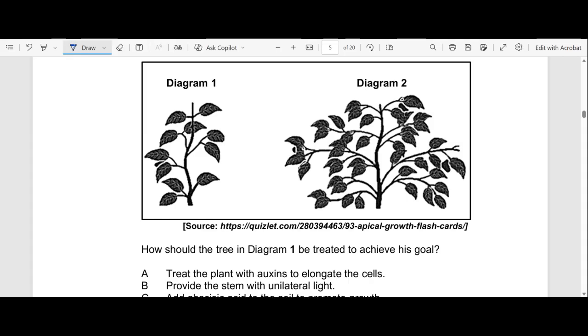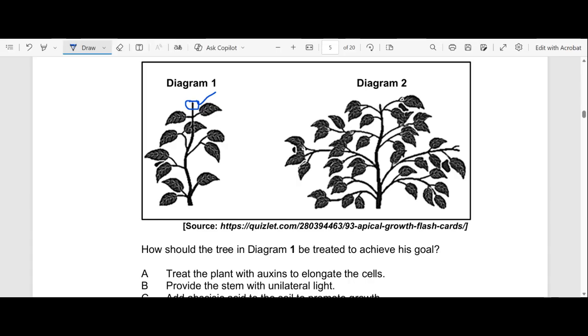And we know that the reason why a tree might have short lateral branches is because of this apical bud, because of this growing tip of the stem. Why this growing tip of the stem? Because the growing tip of the stem is concentrated with auxins, and auxins are responsible for apical dominance.